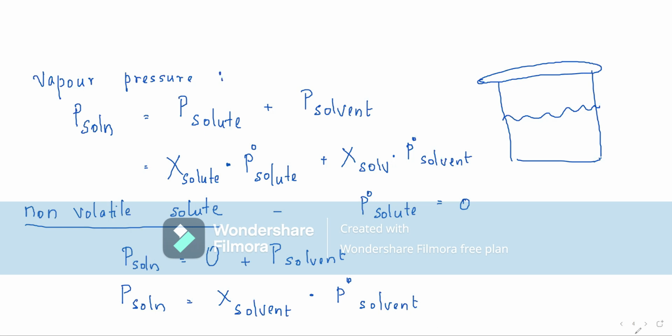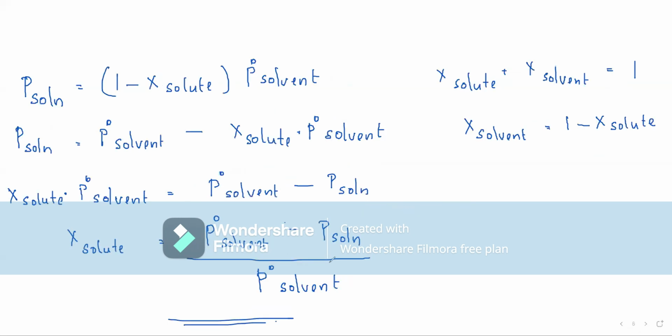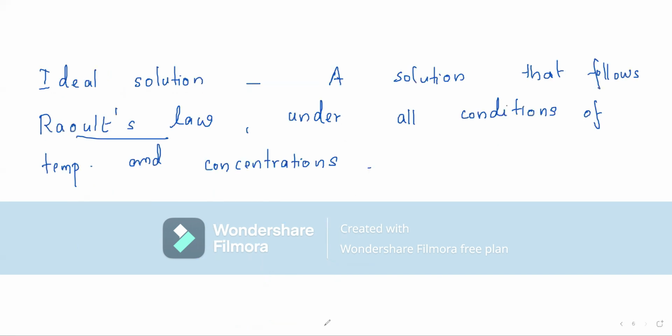And when the solute is non-volatile, then mole fraction of solute is equal to P naught of solvent minus P of solution by P naught of solvent. Now, not every solution is ideal, because look at this condition. Whatever is the temperature and whatever be the concentration, the solution must obey Raoult's law. Only then we can call it an ideal solution.